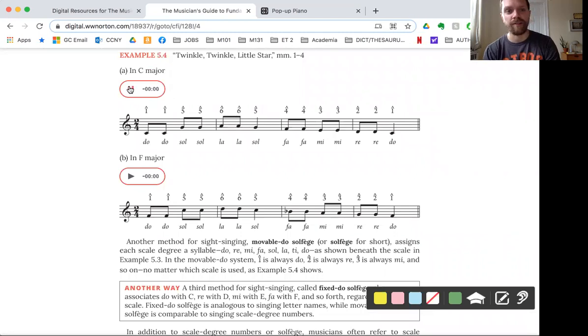Here it is in C major. 1 1 5 5 6 6 5, 4 4 3 3 2 2 1. And F major. 1 1 5 5 6 6 5, 4 4 3 3 2 2 1.